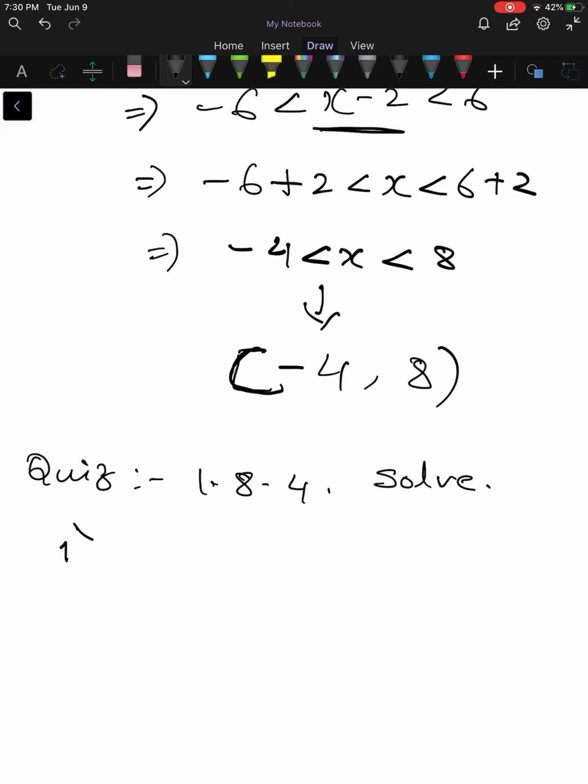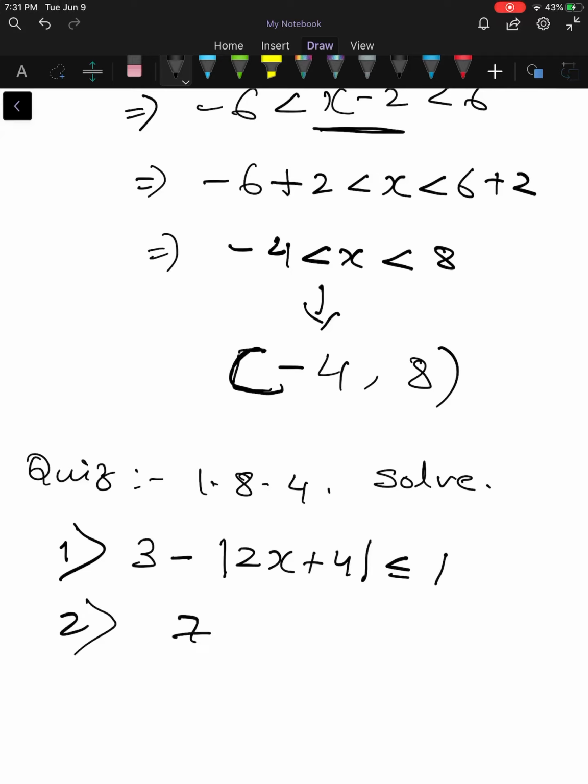The first question: 3 minus absolute value of 2x plus 4 less than or equal to 1. Second, 7 times absolute value of x plus 2 plus 5 greater than 4.